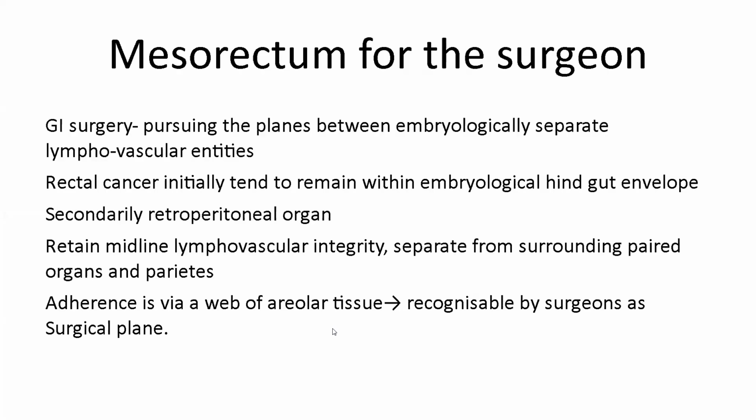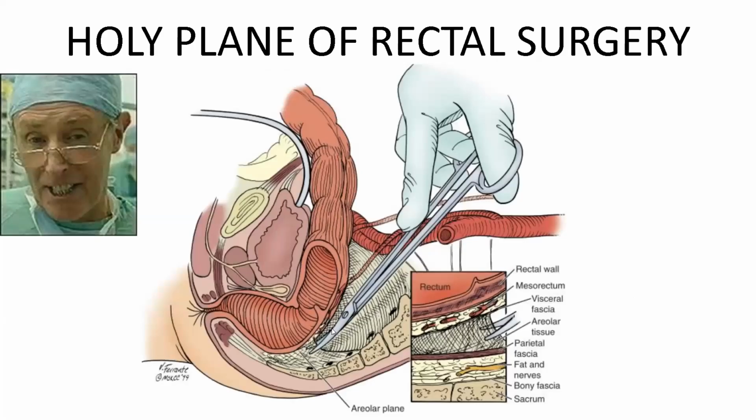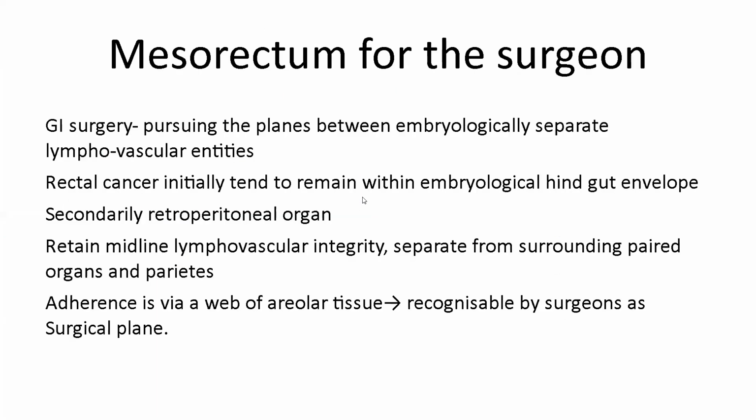So, to summarize, the important aspects of the surgical anatomy of the rectum are, one, the plane of the different fascias of the pararectum.